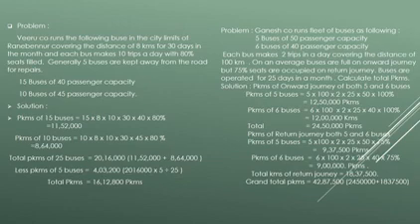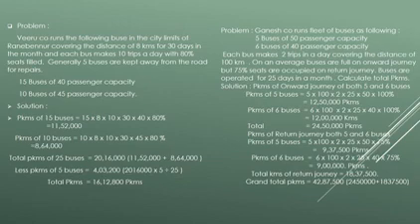First we have to calculate passenger kilometers of 15 buses, then of 10 buses. After calculating both, we have to add them and deduct passenger kilometers of 5 buses on the basis of 25 buses' passenger kilometers.